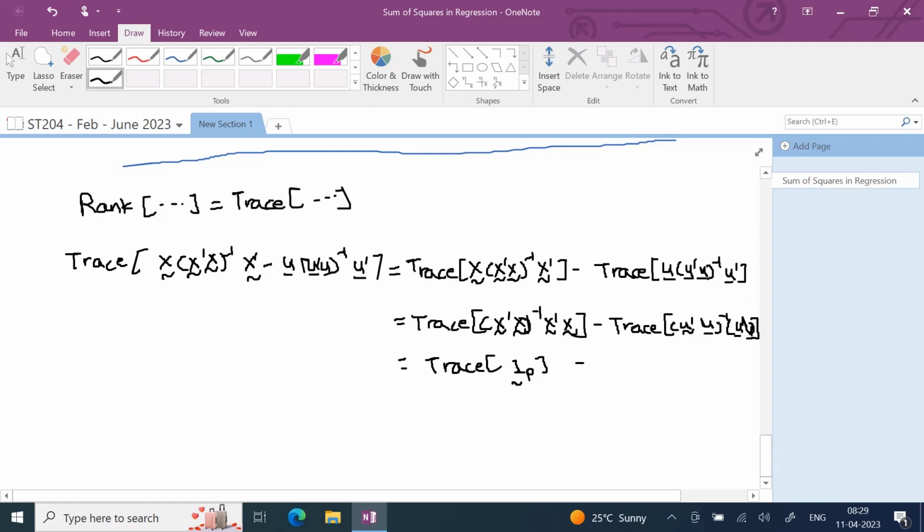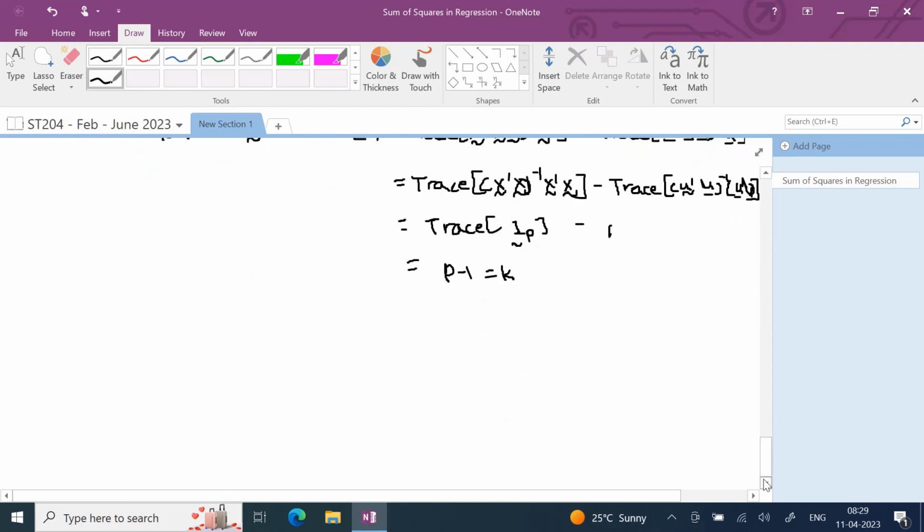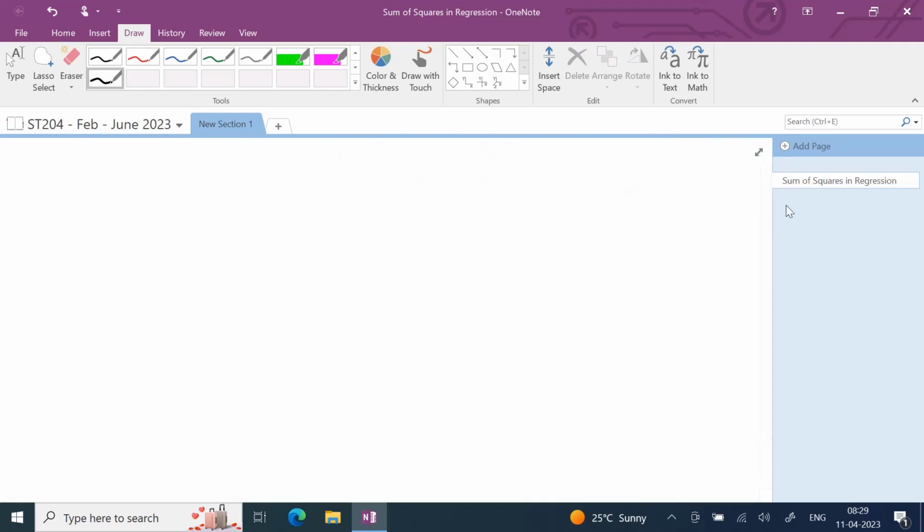U prime U is n, so n inverse n, basically it is 1. So trace of 1 means just 1. So this becomes p minus 1, which is our k, that is number of regressors. Okay. Hence, the degrees of freedom for chi-square distribution for regression sum of squares is k, that is same as number of regressors.